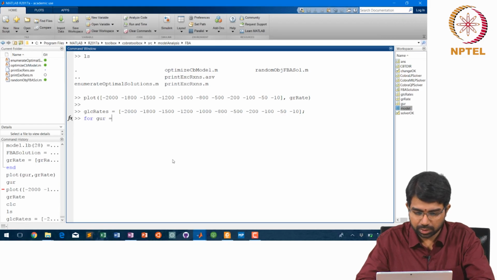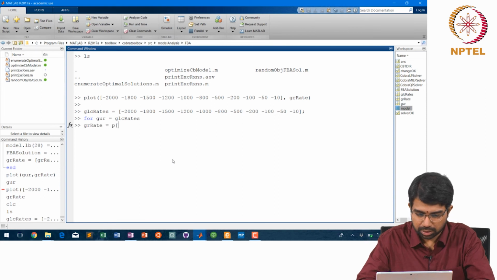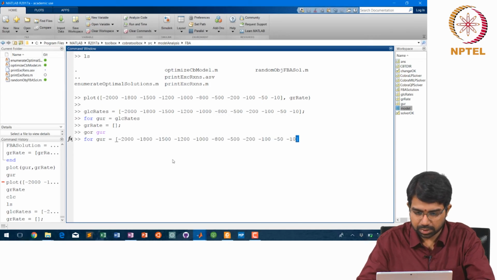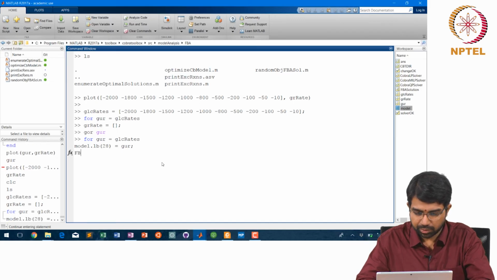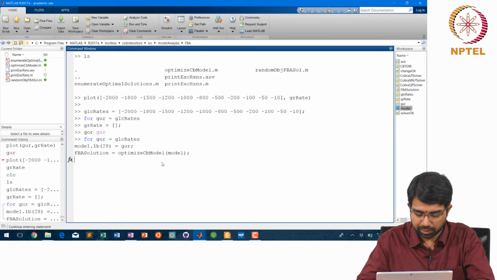For GUR equals GLC rates, let us also initialize growth rate to empty. model.lb is GUR, FBA solution is optimizeCbModel of model, growth rate equals dot f.